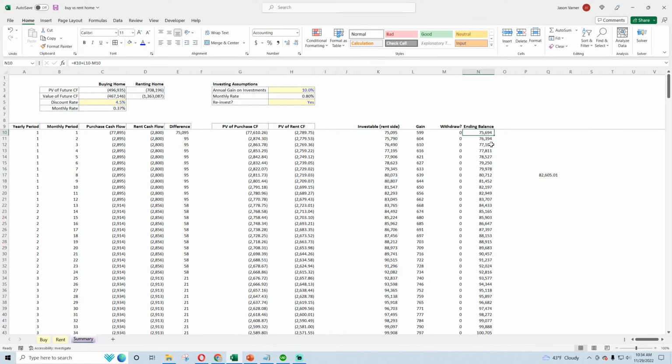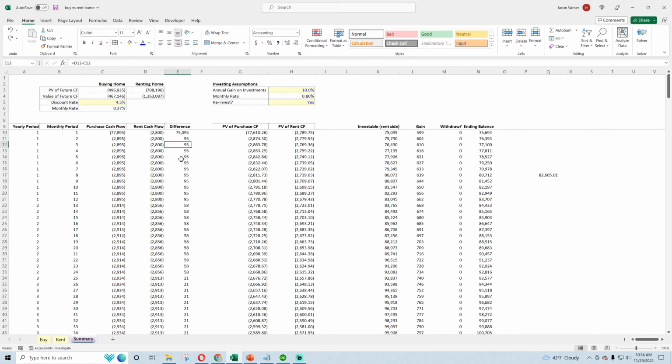So this is end of period 1, 2, 3, 4, 5, 6, 7, 8, 9, 10, 83,707. Oh, we also have additions to the investment here. So actually, we won't be able to test the math unless we zero out everything. 82,605, that's the number we want. Okay, so we know the math is working, and that's fine.